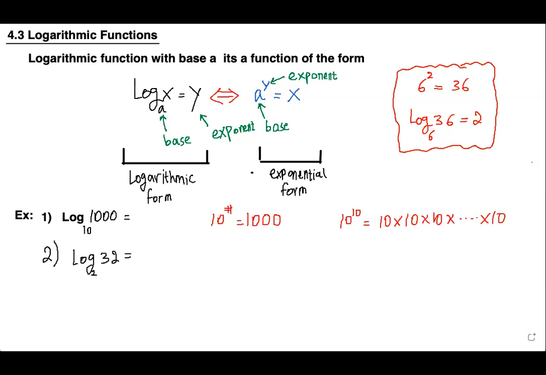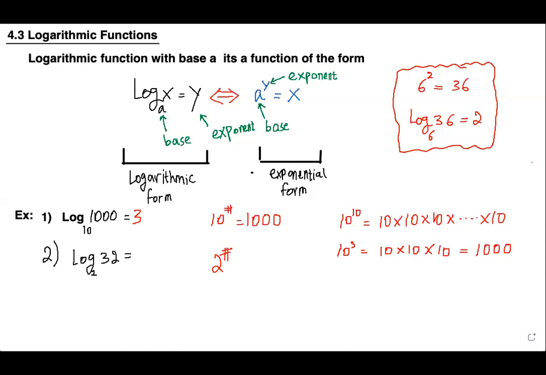Another student said 3. This is correct. 10 to the power 3 gives 10 times 10 times 10, which is actually 1,000. So the answer is 3. For the second one, 2 to which power gives me 32? It would be 5.